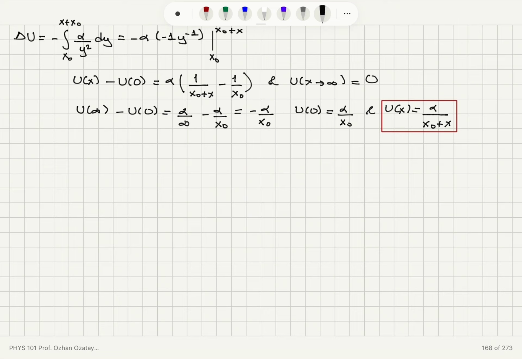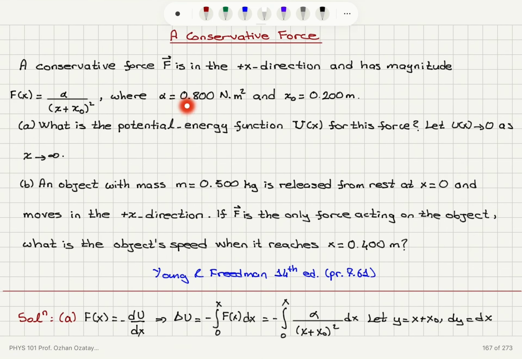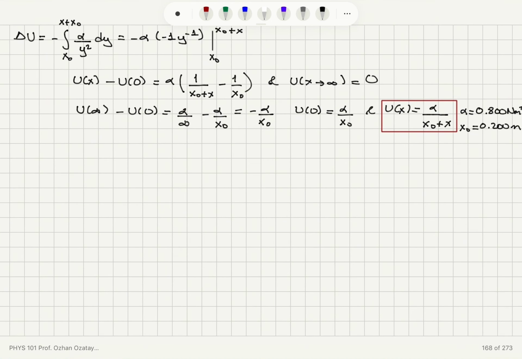So we obtain the potential energy function U of x is equal to alpha over (x0 plus x), where alpha is 0.800 newton meters squared and x0 is 0.200 meters. These values were given in the problem statement. All right, so let's move on to part B.